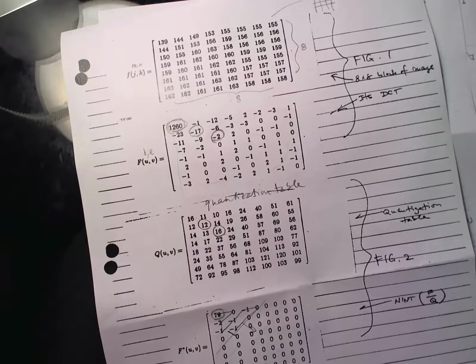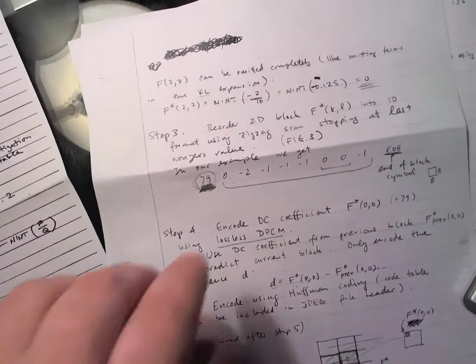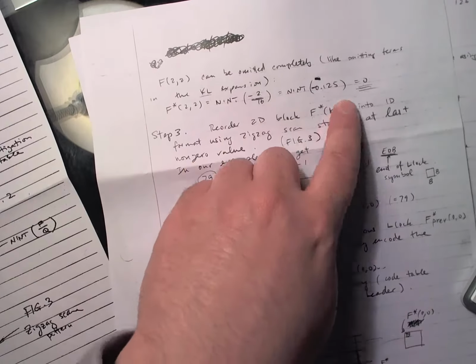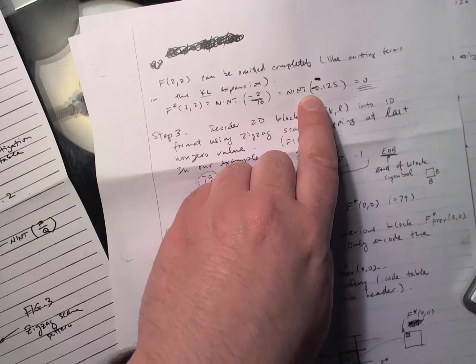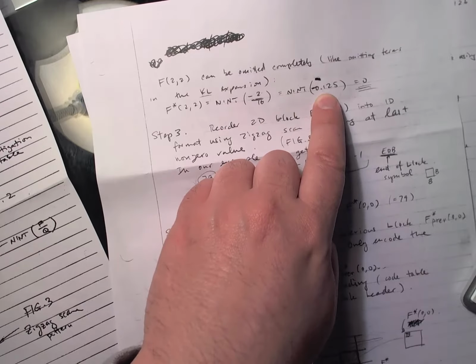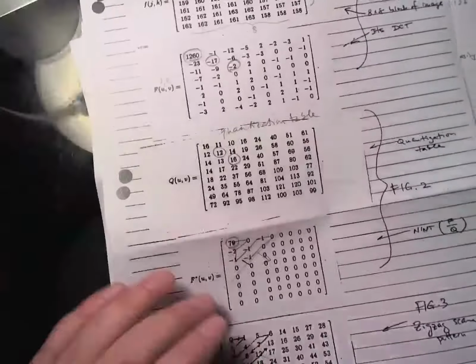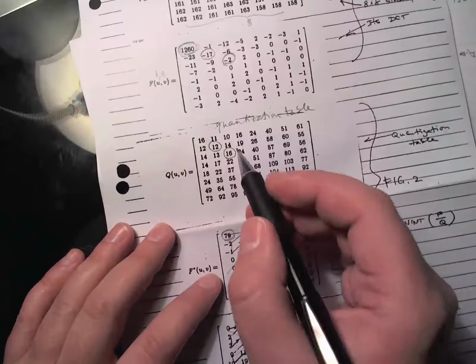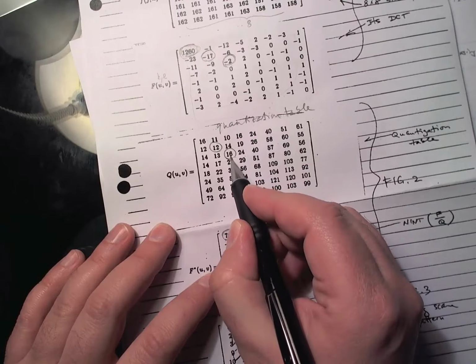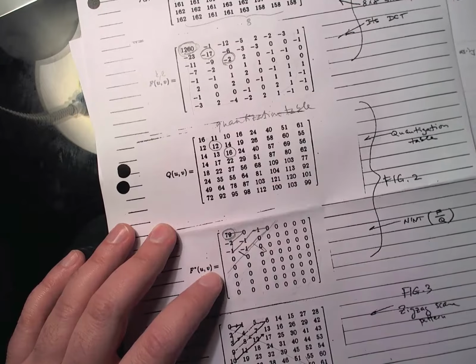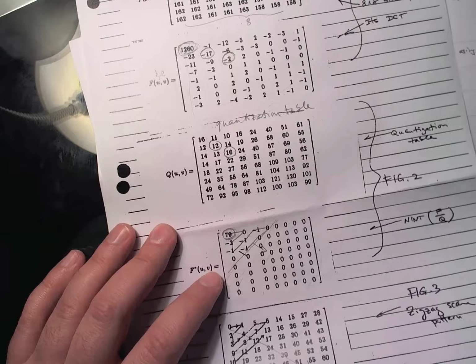Minus 2/16. And then you round it to the nearest integer. Well, the nearest integer of minus 1/8 is 0. So it's saying that this one, we're going to eliminate it completely. We're saying, you know what, it's not important enough to even bother saving that piece of information at all.